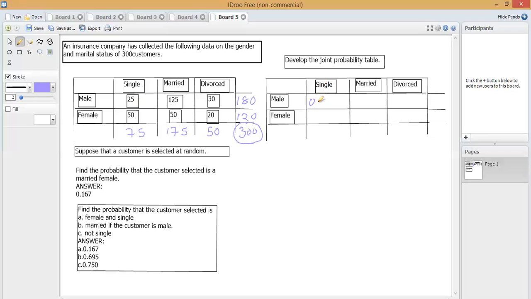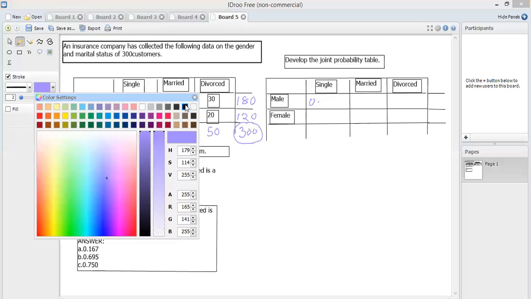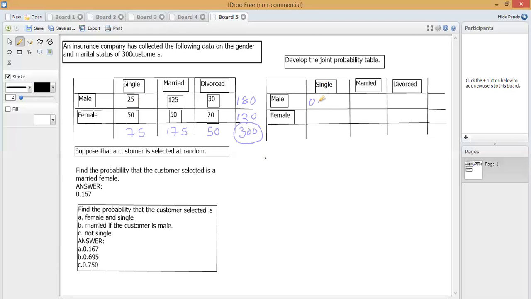Which gives you 0.083 to 3 decimal places. Let's come to married men.